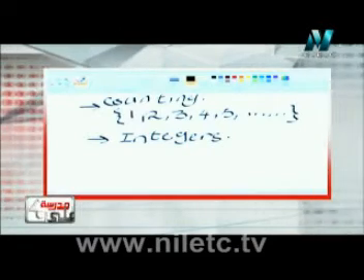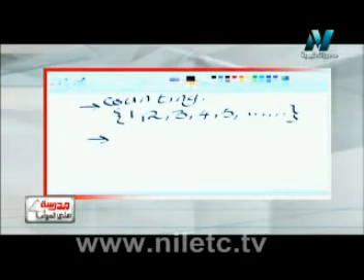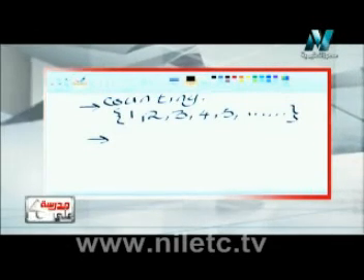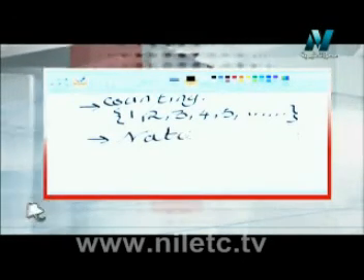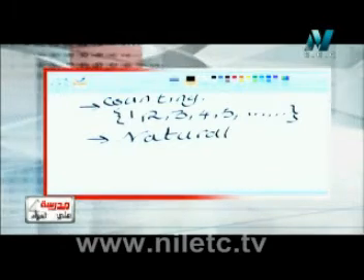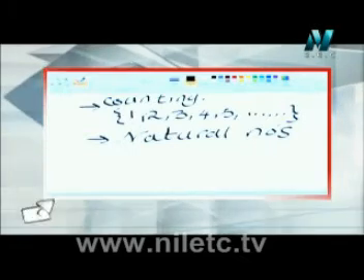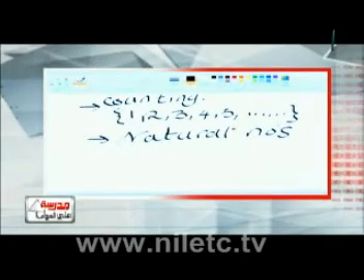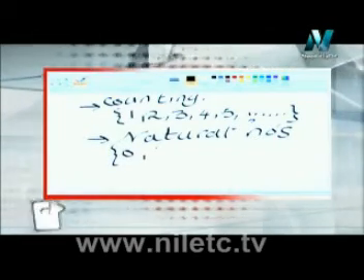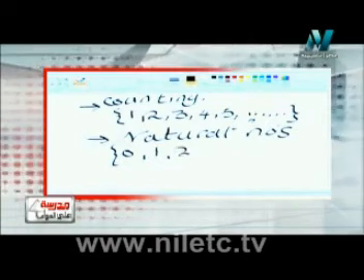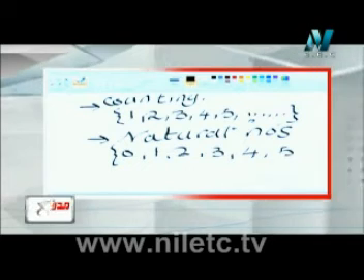Number 2, we have the second set, which is called the set of natural numbers. Natural numbers is a new set starting with the element 0. We have here 0, 1, 2, 3, 4, 5, and so on.